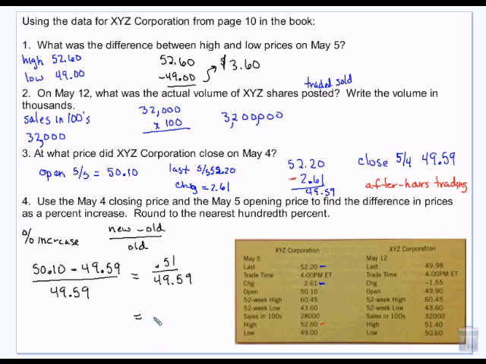And that gives me 0.01028, blah, blah, blah, forever. So as a percent, I'm going to move this 2 places over. And it said to round to the nearest hundredth, which would be here. So I'm going to have 1.03%. So between the close on May 4th and the open on May 5th, the stock went up 1.03%.